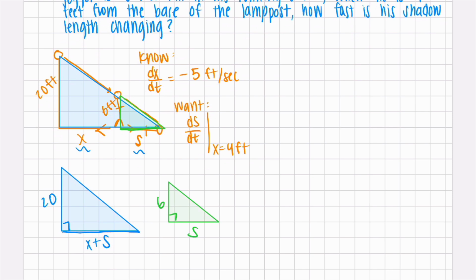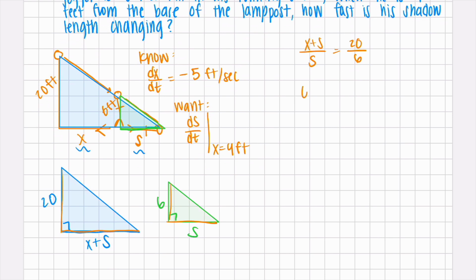So we're going to use similar triangles. You're going to create a proportion. So I'm going to say (x plus s) over s equals 20 over 6. So this leg over this leg equals height over height. I'm going to simplify this a little bit.